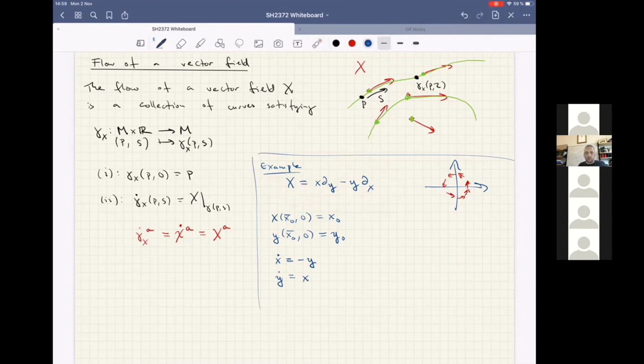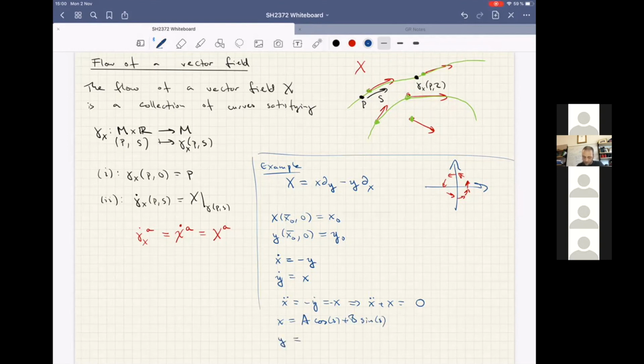Now if you plug one into the other, you take the derivative: x double dot is minus y dot, which is equal to minus x. Which means that x double dot plus x is equal to 0, and you know that this has the solution that x is a constant a cosine s plus a constant b sine s.